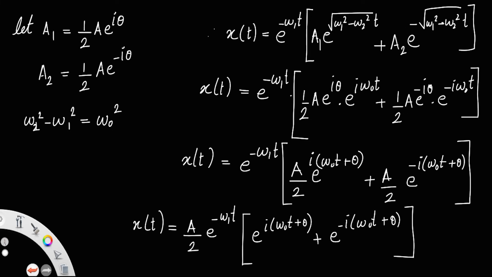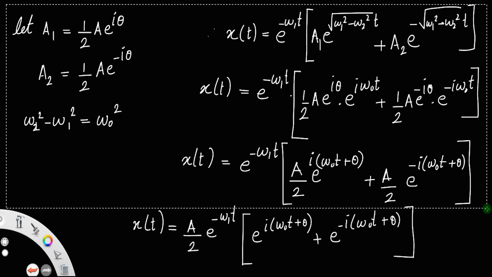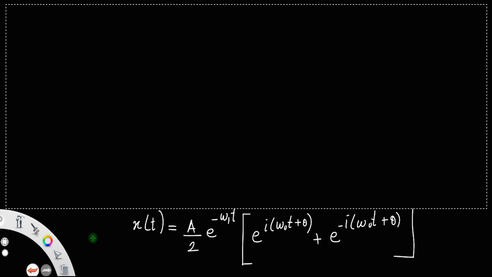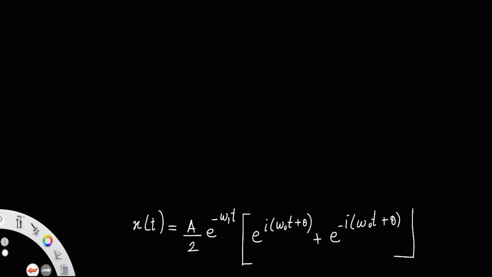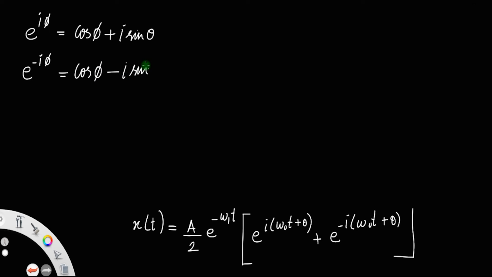Clear? Now you know we have e raised to i phi is equal to cos phi plus i sin phi. Similarly, e raised to minus i phi is equal to cos phi minus i sin phi.